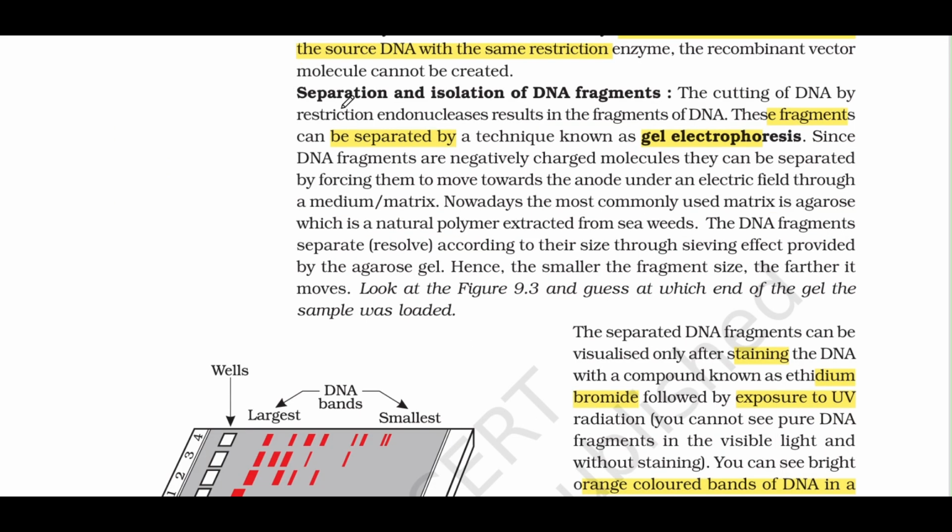By the use of restriction enzymes, the DNA becomes fragments, and these fragments can be separated by gel electrophoresis. The method used for separation of DNA fragments is gel electrophoresis, and this works based on the size of the fragments. The smaller fragments move long distances.